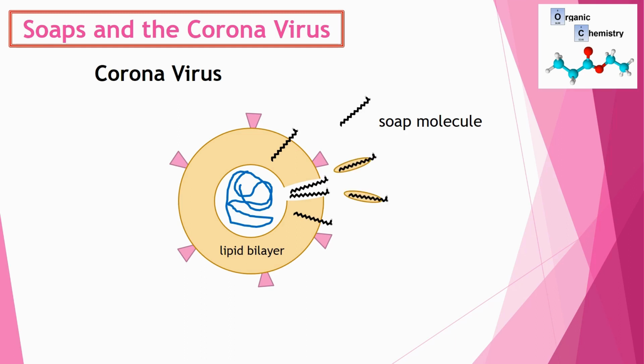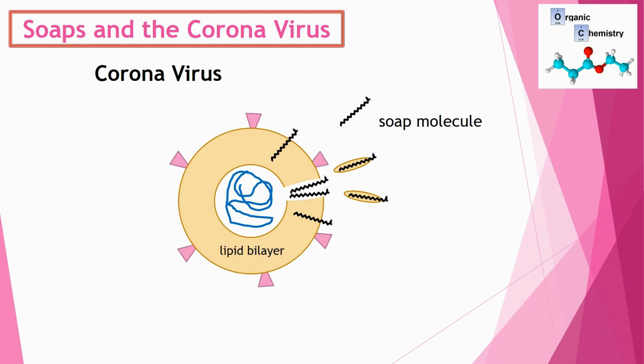So they will go into the outside surroundings of the virus and dissolve or pull away parts of the lipid bilayer of the virus, dissolving the heads into the water solution.